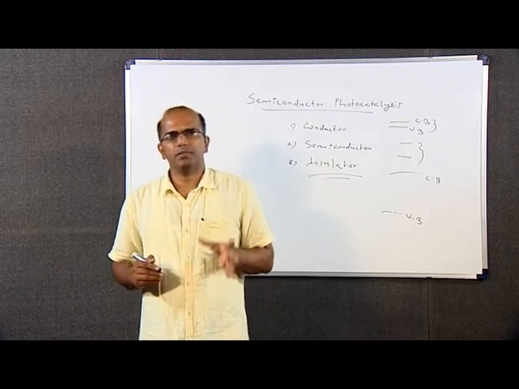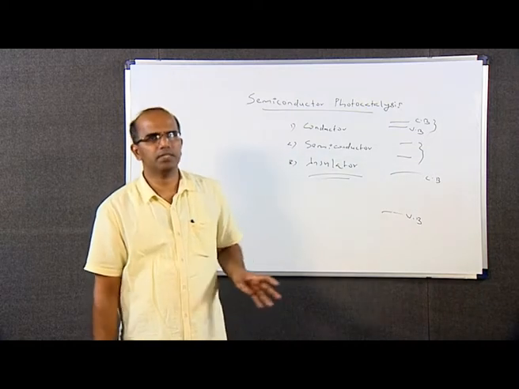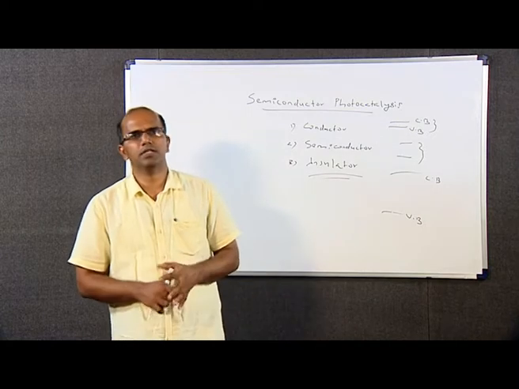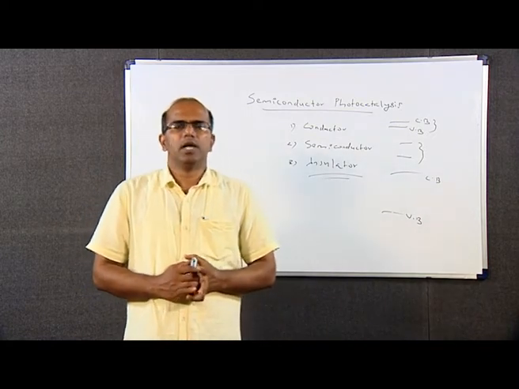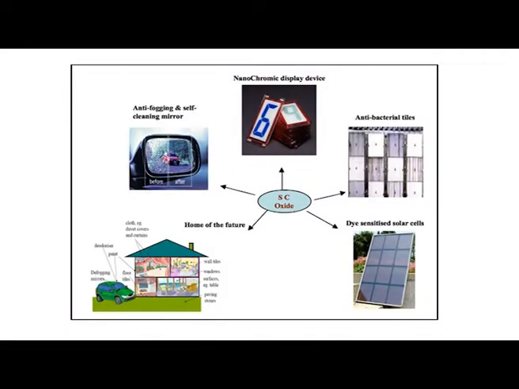Now, in this class we are discussing a special class of nanomaterial, which is the semiconducting nanomaterials. The importance of semiconducting nanomaterials is that they have a very wide variety of applications. If you look at the picture on the computer, you can see a large number of applications of semiconductor nanomaterial.